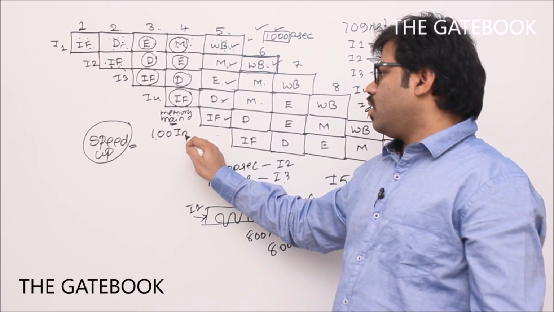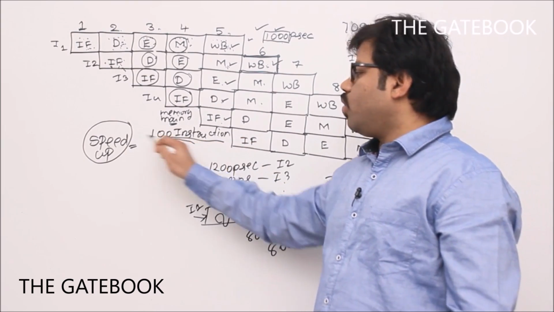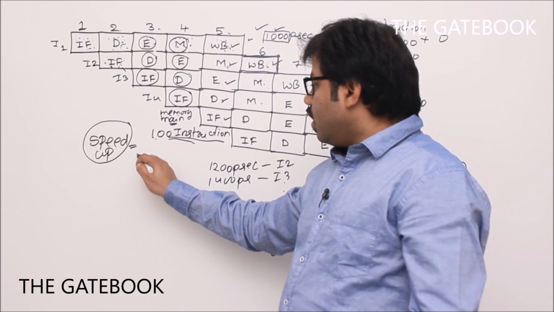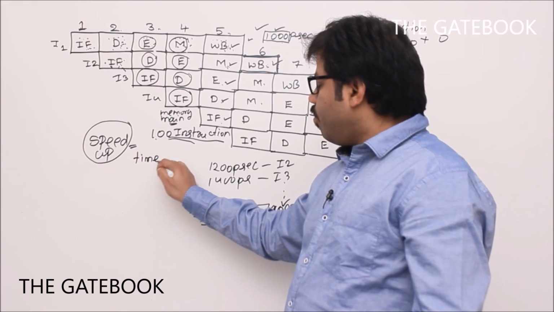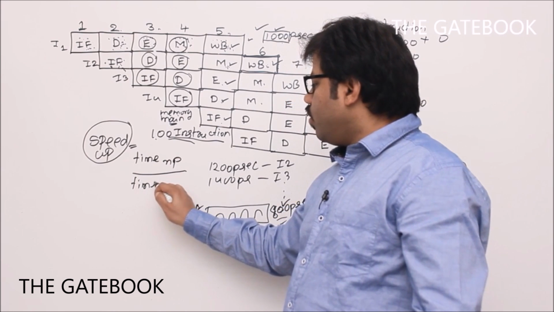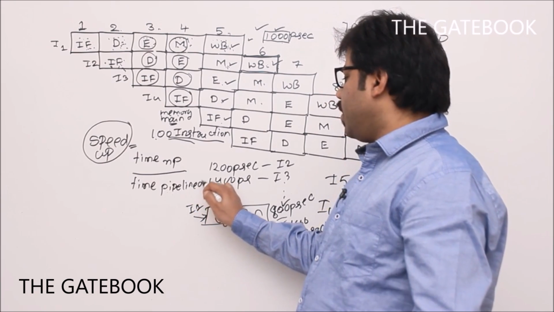First of all, the speed up formula is the time required in non-pipelining divided by the time required to execute in the pipelined model.